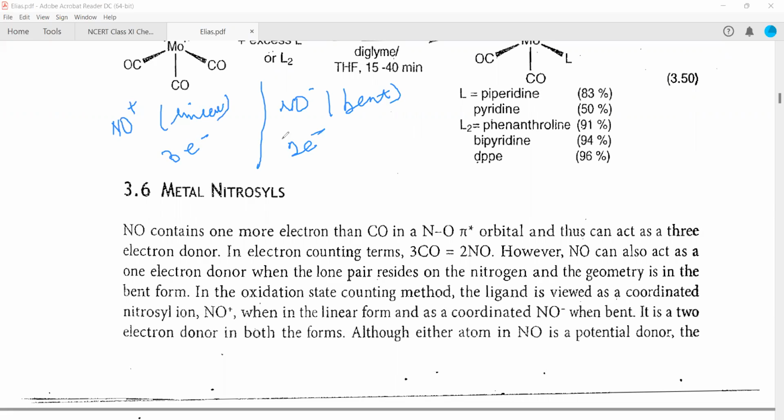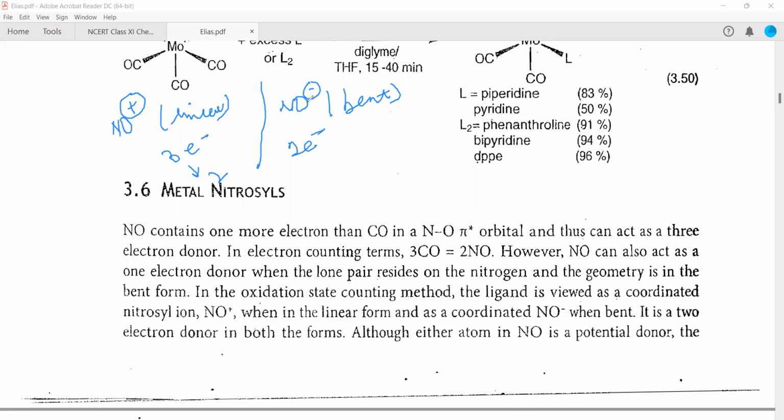You count 1 electron for NO minus and 3 electrons for NO positive. But you must see the oxidation state, the charges on the ligands. If it is NO plus, then you have to subtract 1 electron, so it will reduce to 2 electrons.